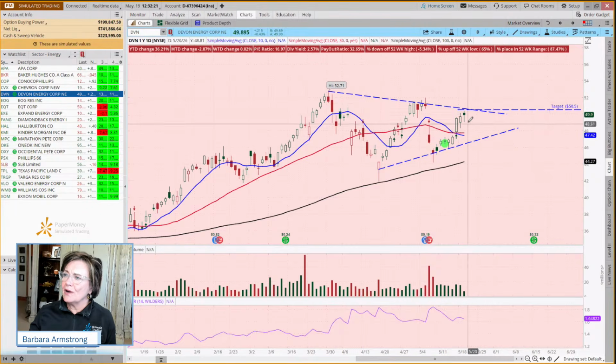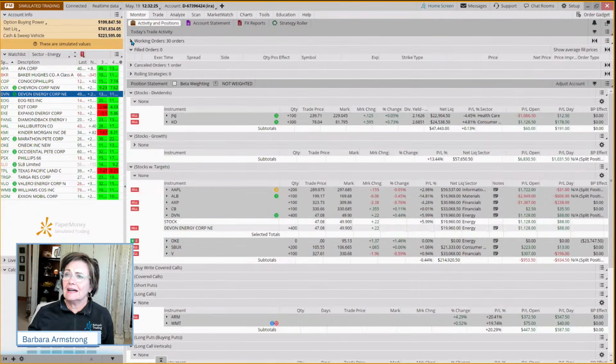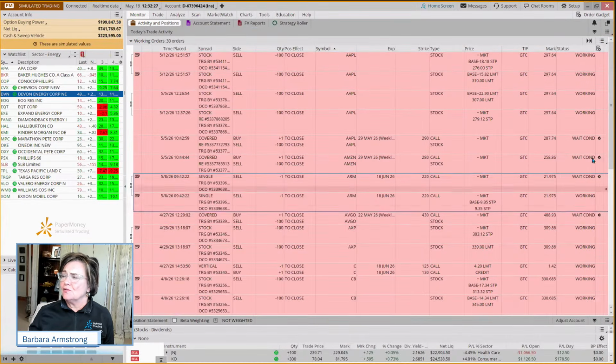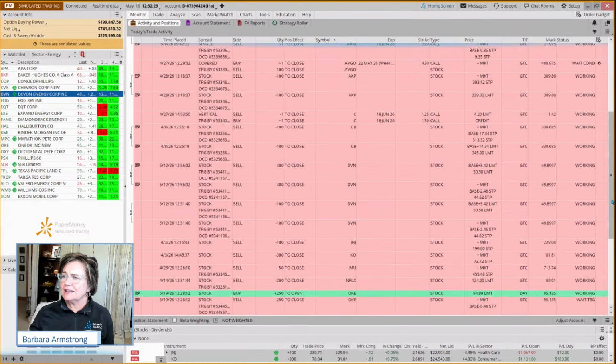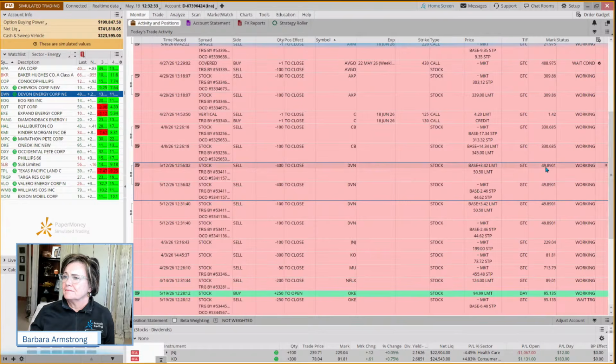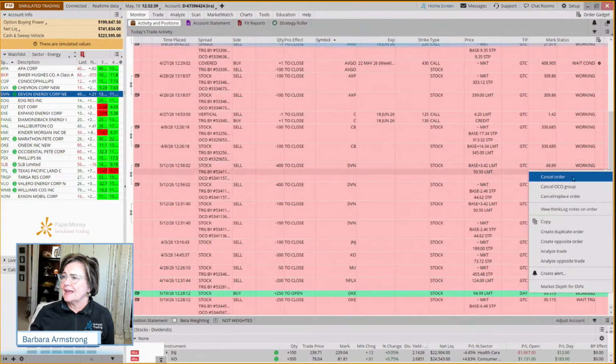Okay, so we're going to go ahead and exit this position, okay? And we have an exit in place. So I'm going to come down to Devon because we had a target and an exit. Okay, so we are going to cancel that.